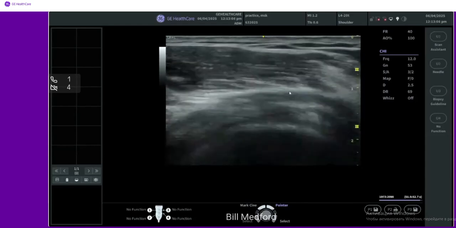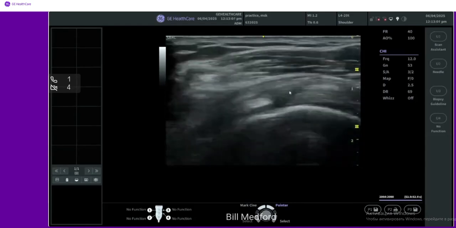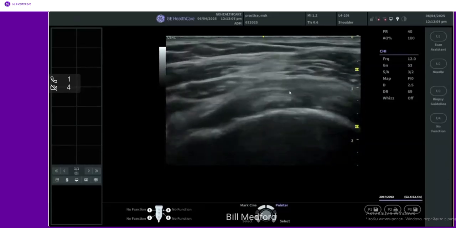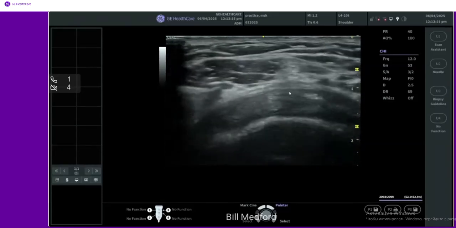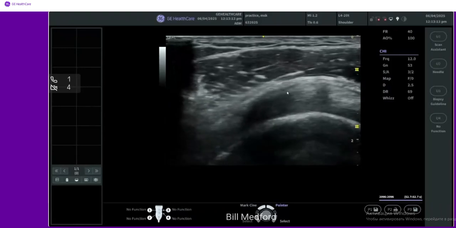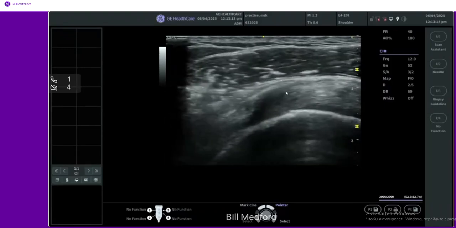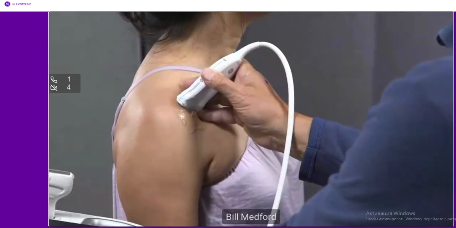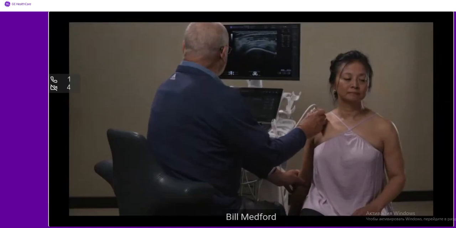And it's not where it's easily accessible. So you can take the patient's arm and rotate it so that you can bring the rotator cuff up.